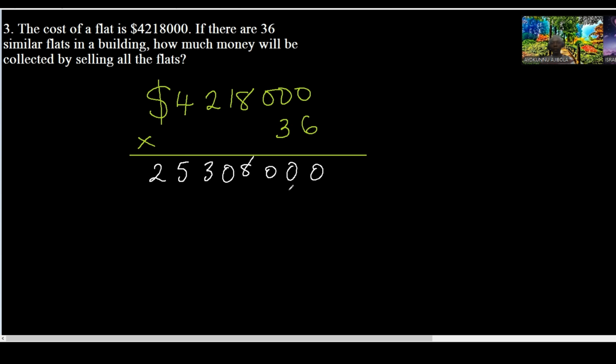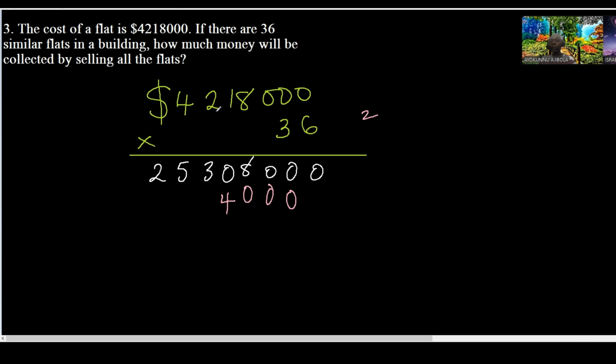And the second layer, 3 times 0 gives me 0. I start under the tens, then 3 times 0 again, 3 times 0 again, 3 times 8 is 24. So I write 4, keep 2.